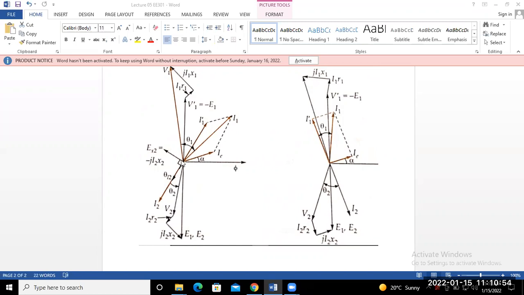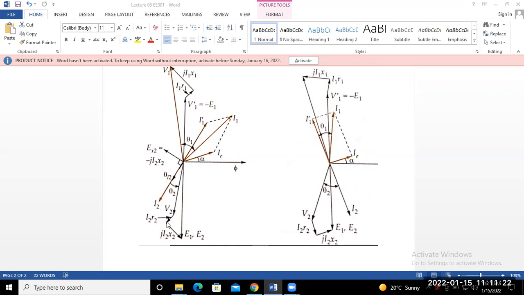Okay, and the EMF induced due to the leakage flux, that is EX2, is equal to minus jI2X2. So along this side it is minus jI2X2, and the opposite side of this is positive, that means jI2X2.